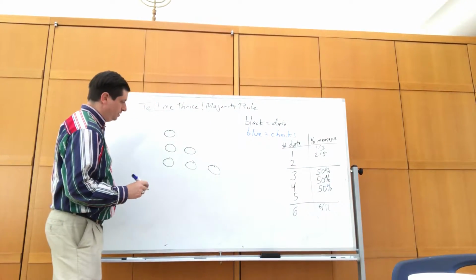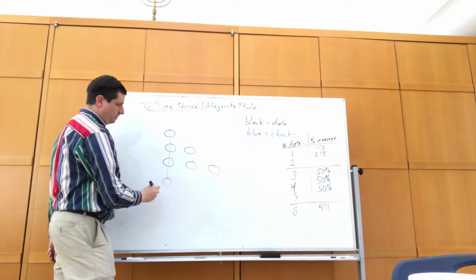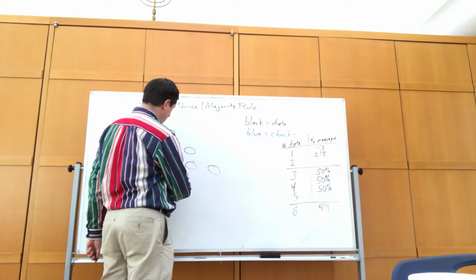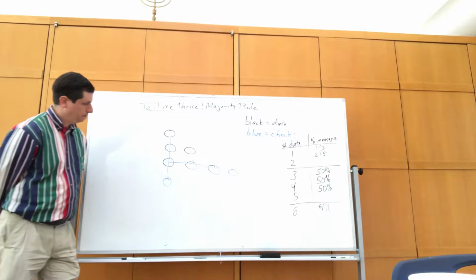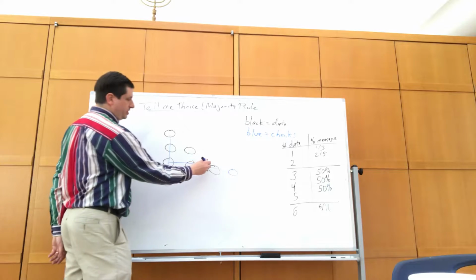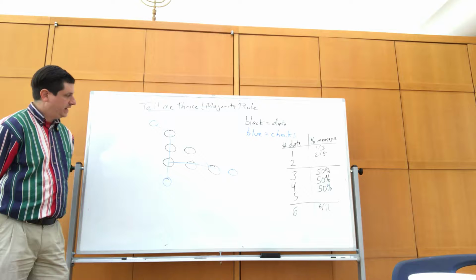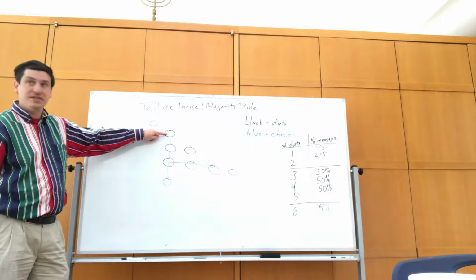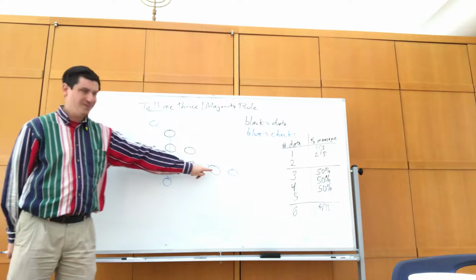So let's see. One is we could do a check digit here. We could do a check digit here. We could do a check digit here. Now, if you look, how many times has this one been hit? This one. This one.